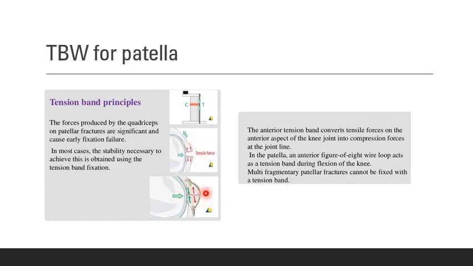If tension band wiring is done, the tensile forces acting in opposite directions will be converted into compression forces. Anterior tension band converts tensile forces on the anterior aspect of the knee joint into compression forces at the joint line. In patella, an anterior figure of 8 wire loop acts as a tension band during flexion of knee. Multi-fragmentary patellar fractures cannot be fixed with tension band.